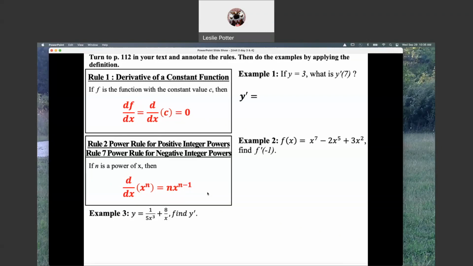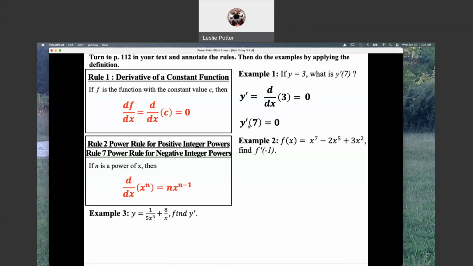Okay, so derivative of a constant is 0. Derivative of function y prime, derivative of 3 is 0. So anywhere it's 0. Notice the second notation. The first notation just says it's 0 everywhere. The second notation says, well, okay, it's a little weird, but you did ask me about when x is equal to 7.